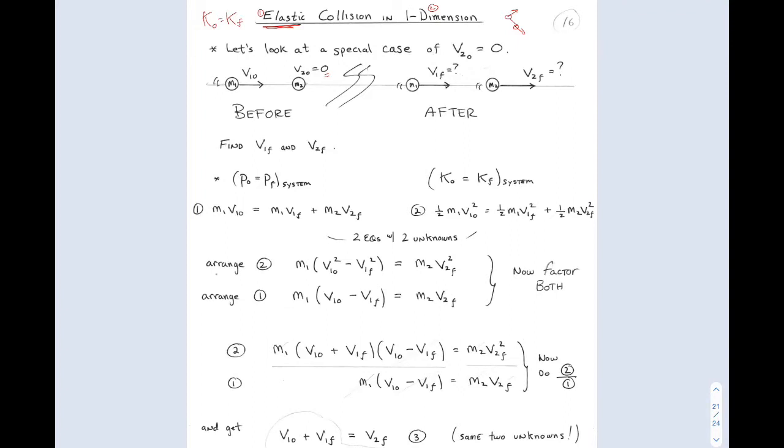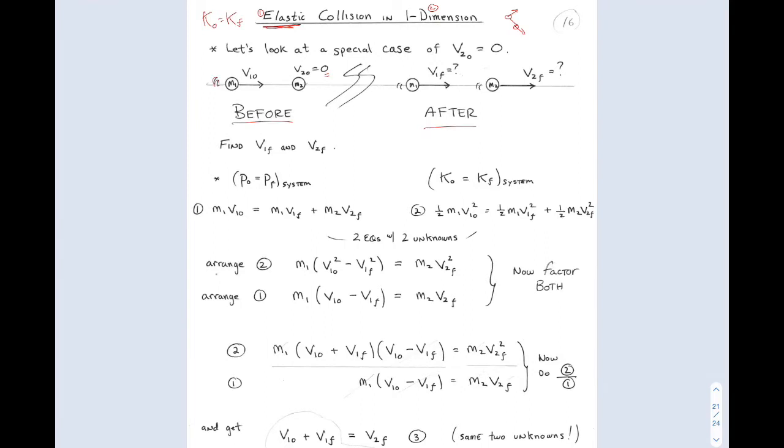It doesn't have to be. The algebra is a mess otherwise, but I'm going to do this special case so that we can show when these masses are the same that indeed number 1 stops, and then number 2 goes out with the same speed that number 1 had when it came in.